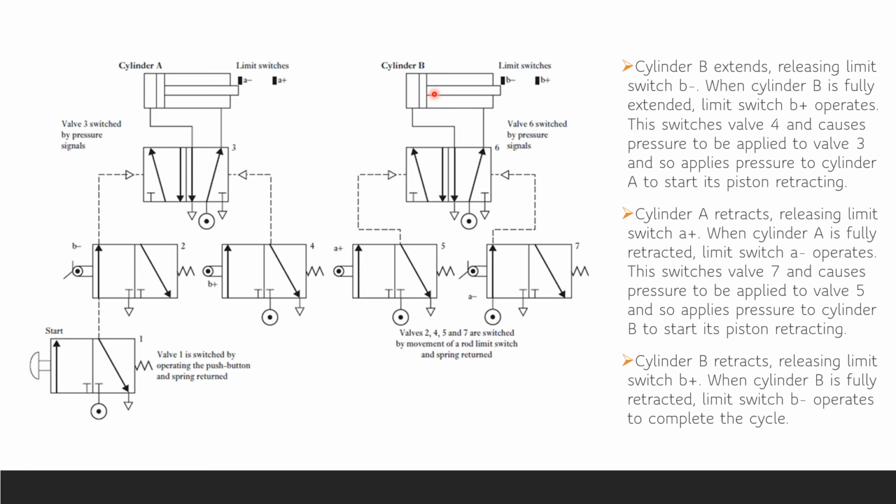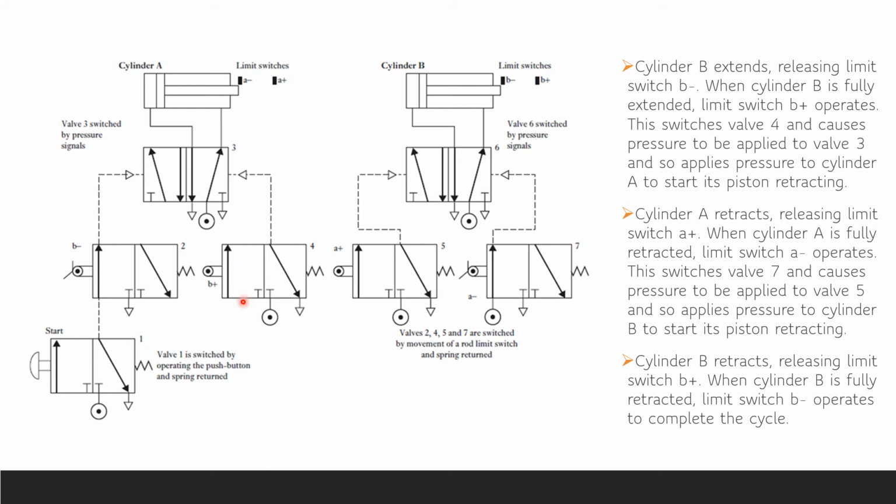Now as the piston of cylinder B reaches the bottom dead center or the leftmost position, the limit switch B plus is activated. Now it switches on the valve 4, and as a result the pressure source applies the pressure flow through the valve 4 and applies the pressure through the valve 3.